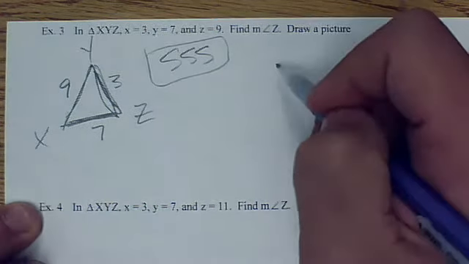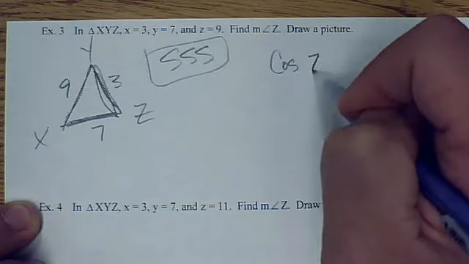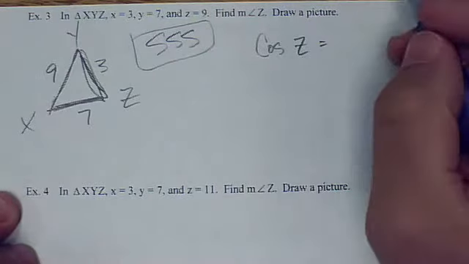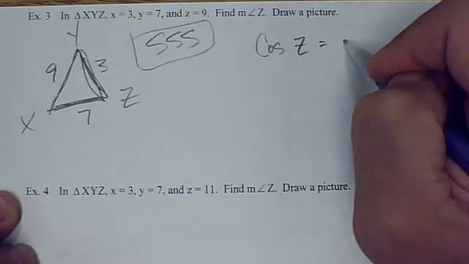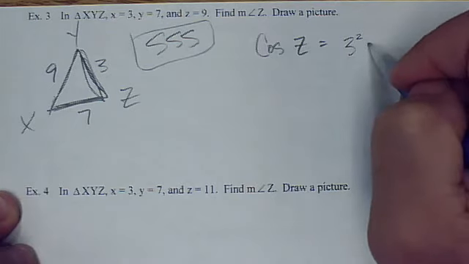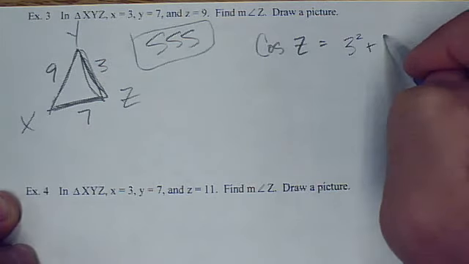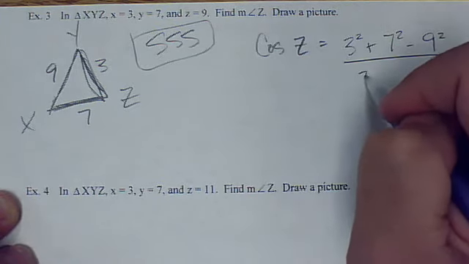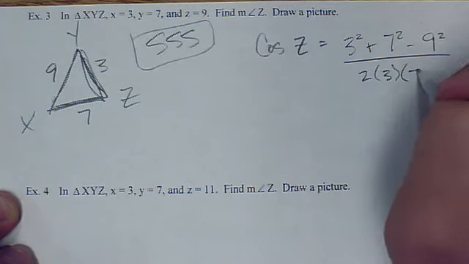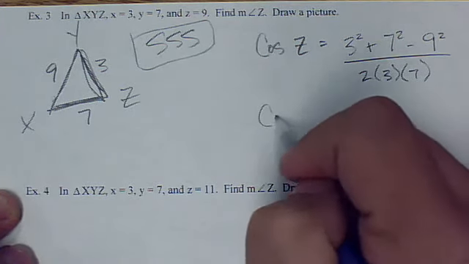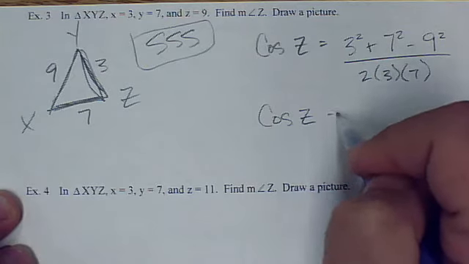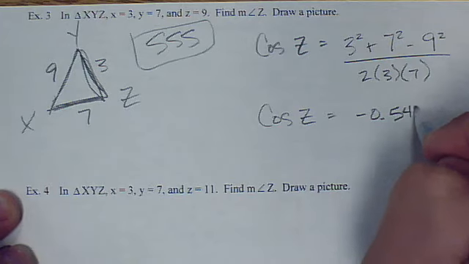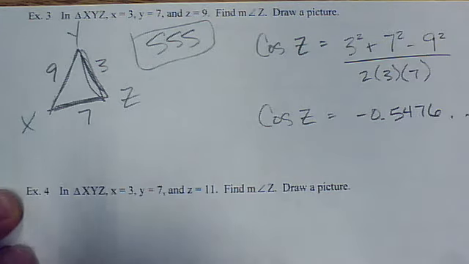So we're looking at cosine of angle Z is equal to 3 squared plus 7 squared minus 9 squared over 2 times 3 times 7. And you get the cosine of the angle equals negative 0.5476, and it goes on.